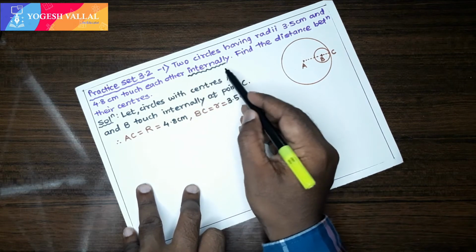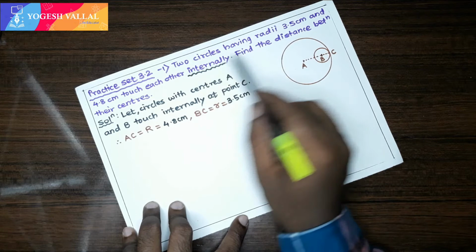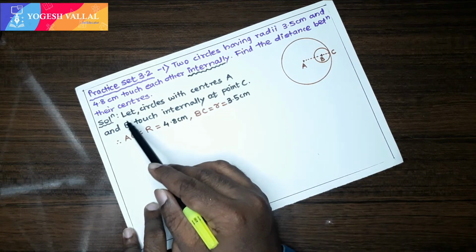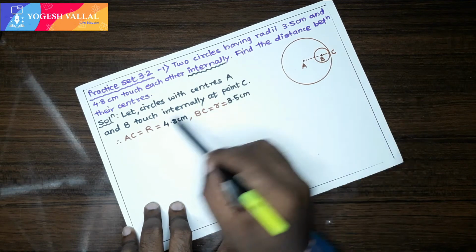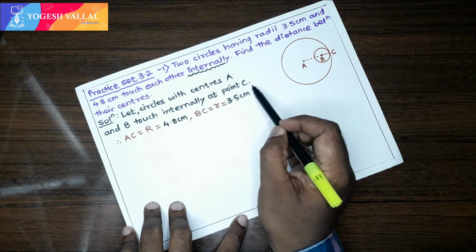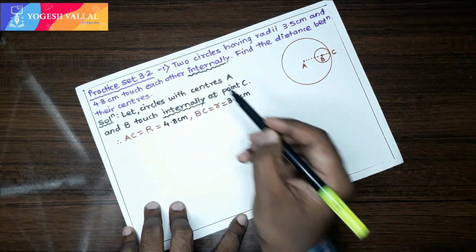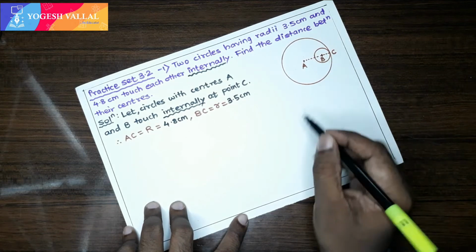They are touching internally. Find the distance between their centers. As the names of the centers are not given, I assume, or you can say suppose, circles with centers A and B touch internally at point C. The word internally is very important, and they are touching at point C.